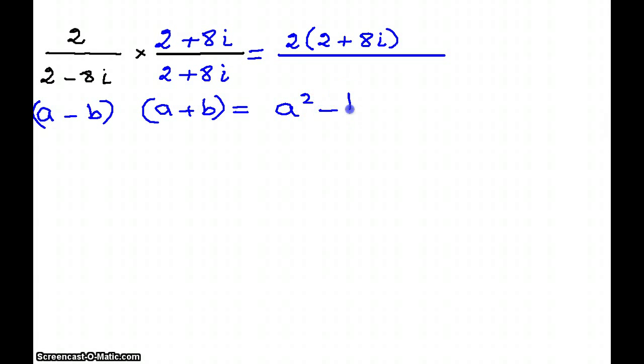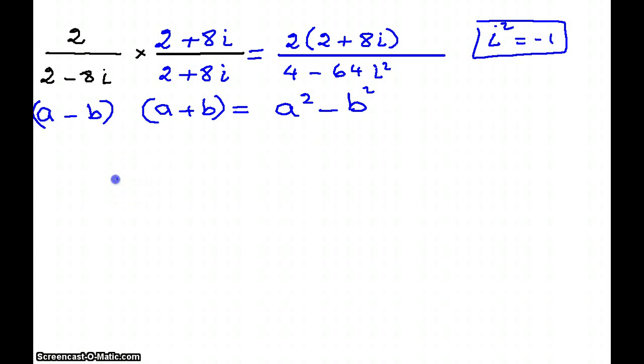This is a squared minus b squared. So let's apply this to a squared would be 4 minus b squared would be 64i squared. Okay, 64i squared. Remember, i squared is equal to -1.